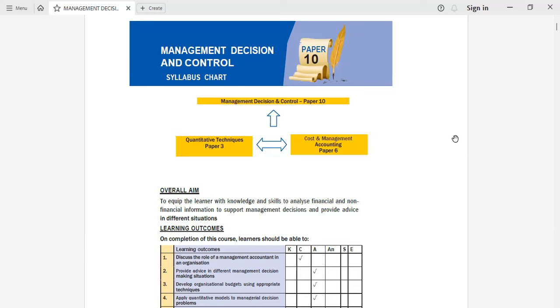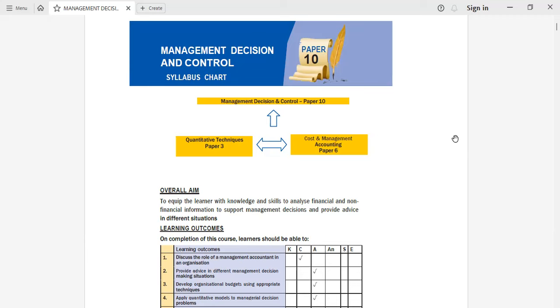However, when you try to look at the previous performance as far as management decision and control is concerned, we are seeing that the performance or the pass rate is not all that good.